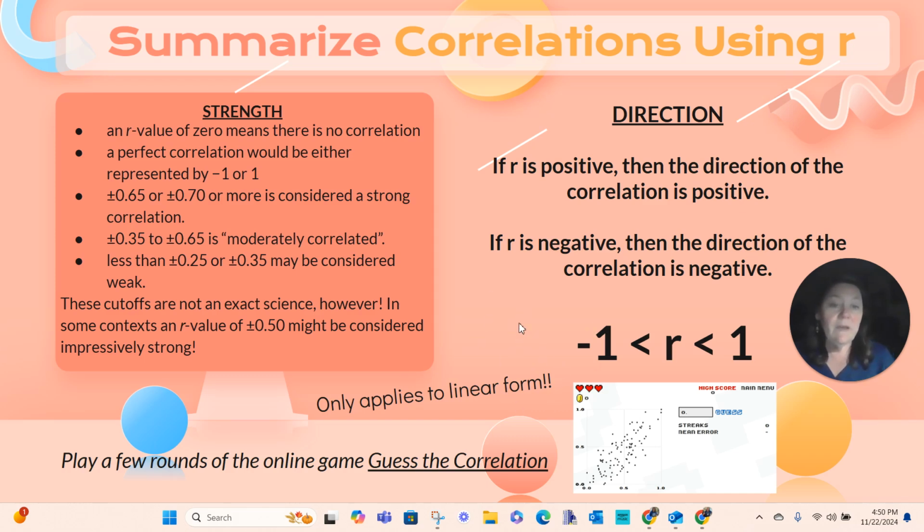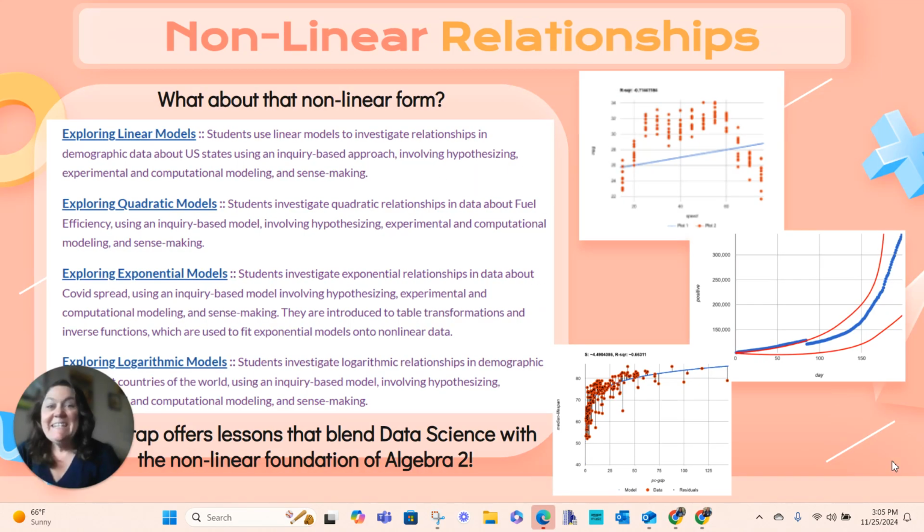So after they've done some correlation, they're going to be ready for doing some linear regression next and going further in their analysis. I would like to sneak in an additional but very important aspect of our Bootstrap curriculum. Students have learned about or will learn about linear relationships in their middle school, Algebra 1, Integrated 1 math classes.